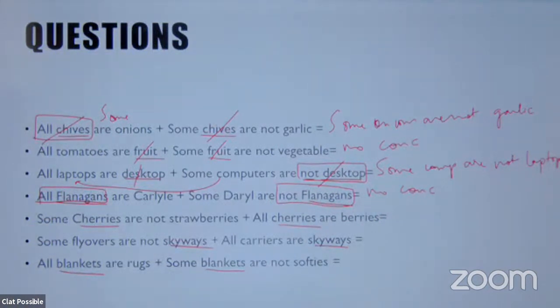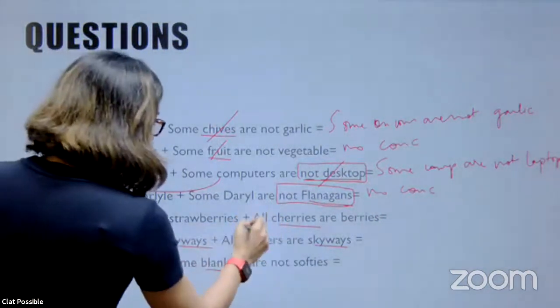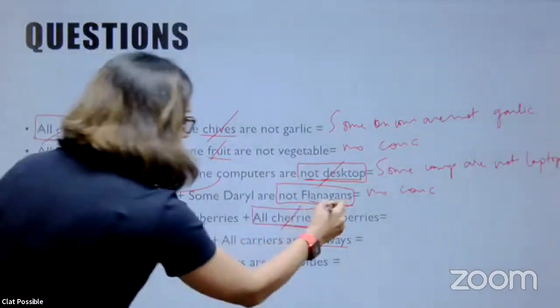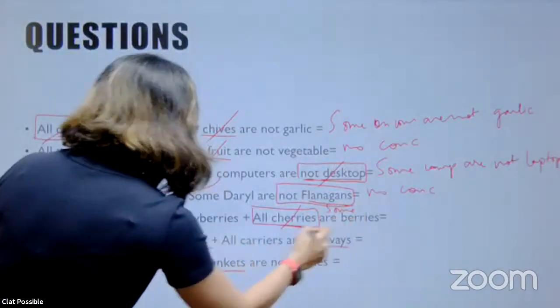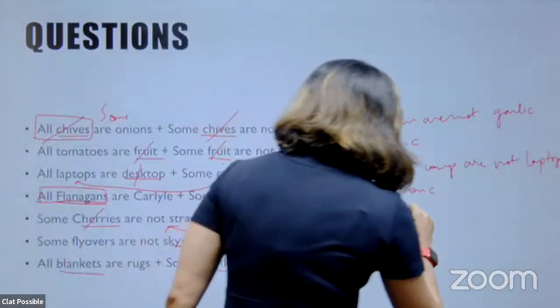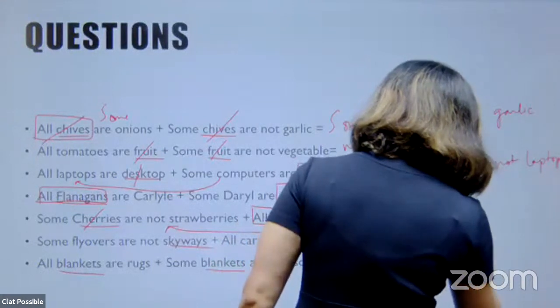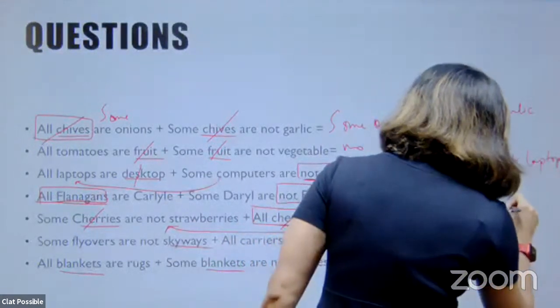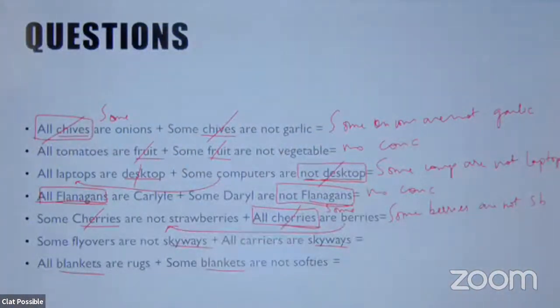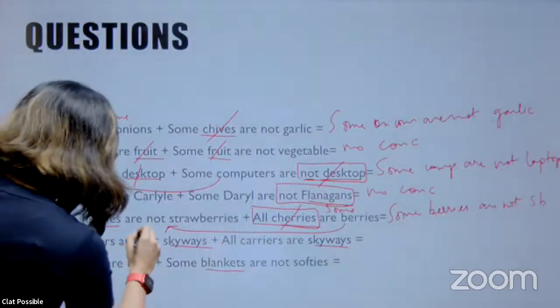Right? The middle term is written with all. I eliminate it and I write some here. Some berries are not strawberries. What about this one? The middle term is written with not.